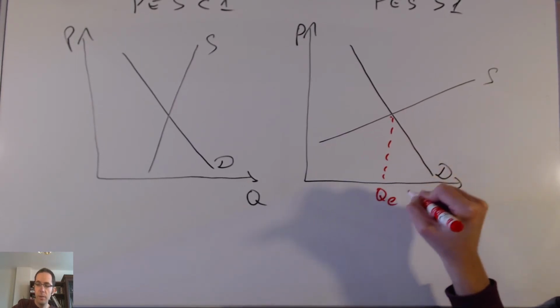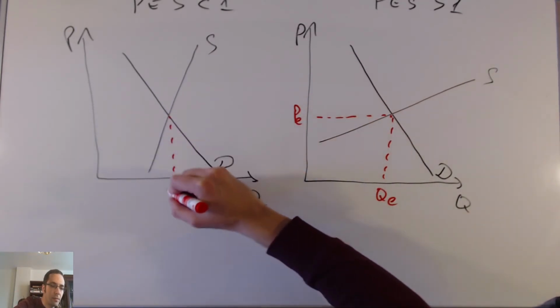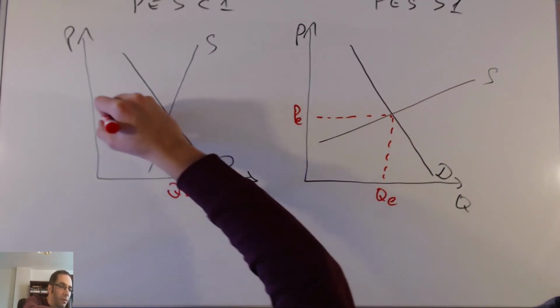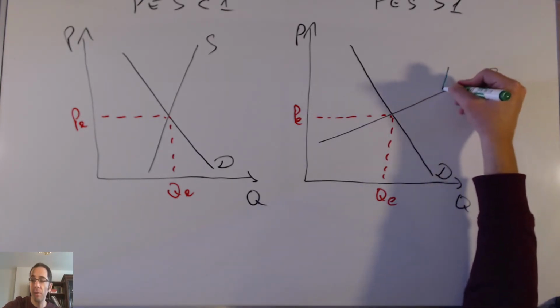This would be QE, this would be PE, QE, PE. And again, we are going to add a tax which is identical in both cases.